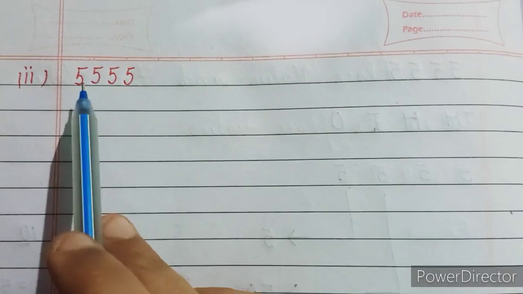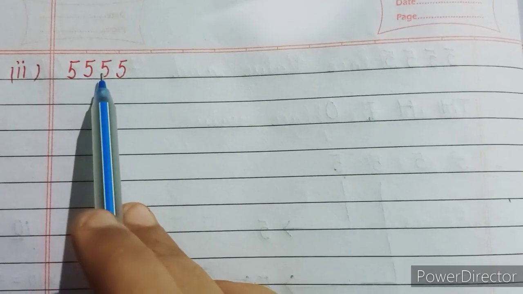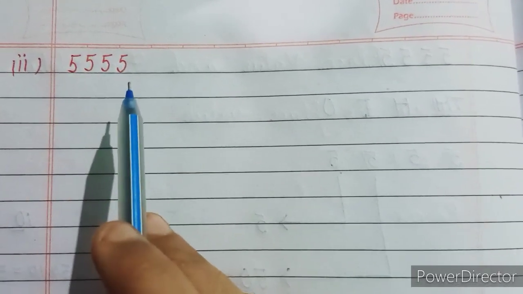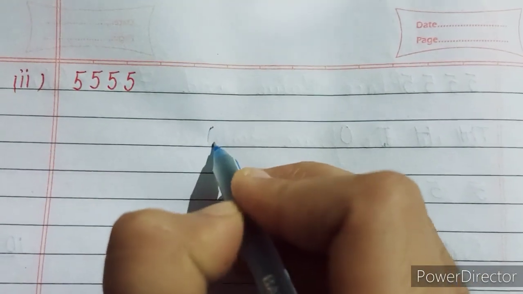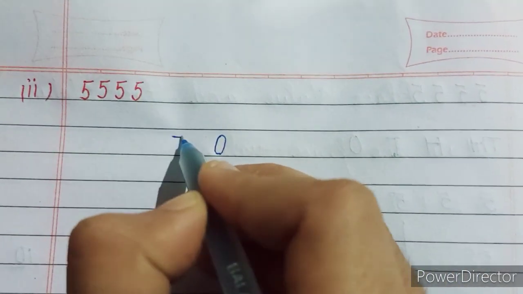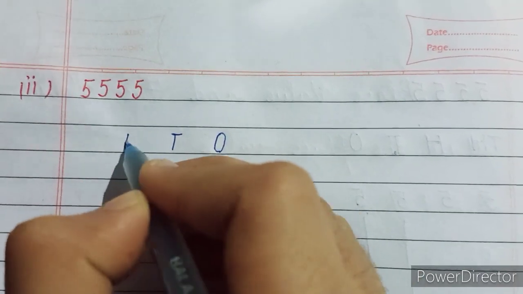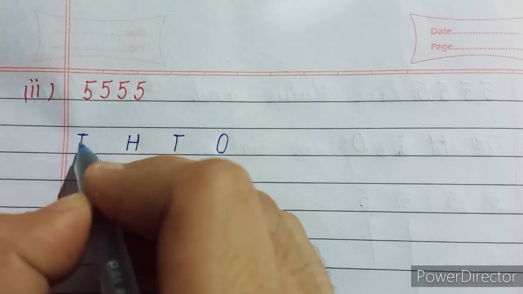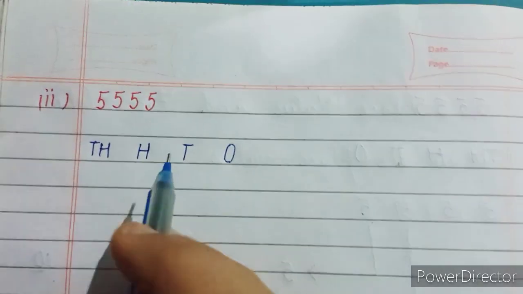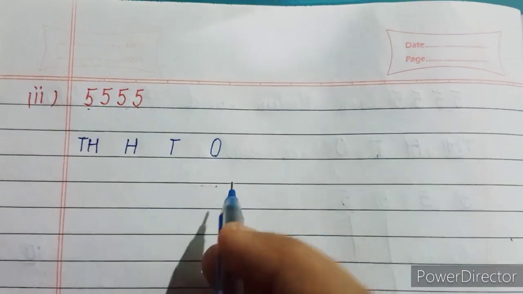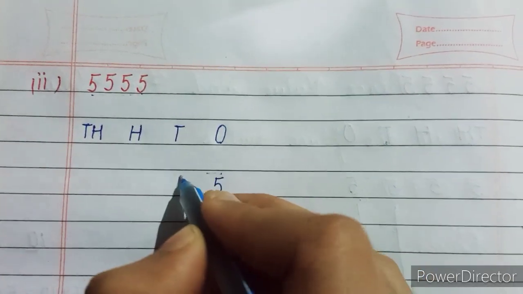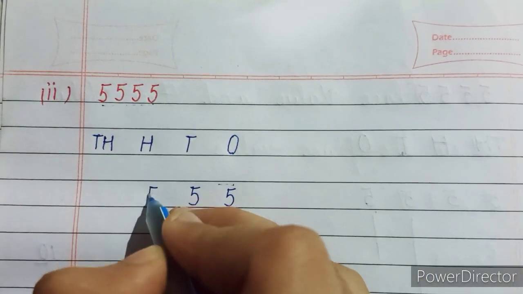Second one is 5555. So first we put ones, tens, hundreds and thousands, and then write the digits down the columns: 5, 5, 5, 5.